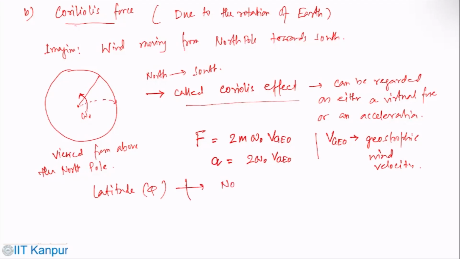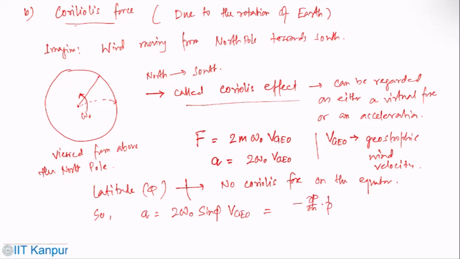So what we have is 2 omega naught sine phi v0, which equals del p by del x into 1 by rho.